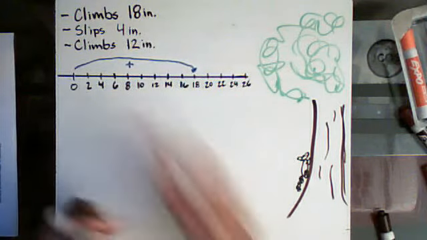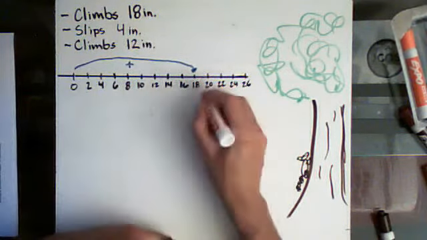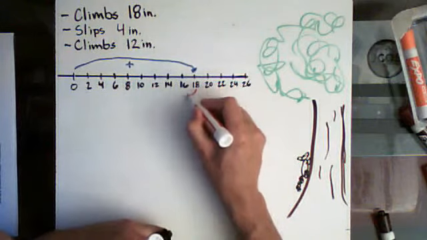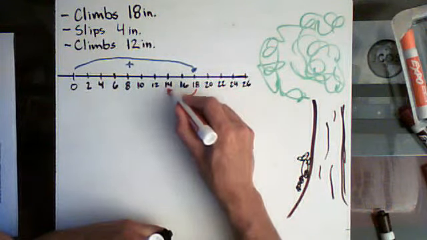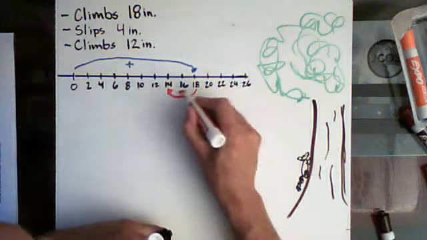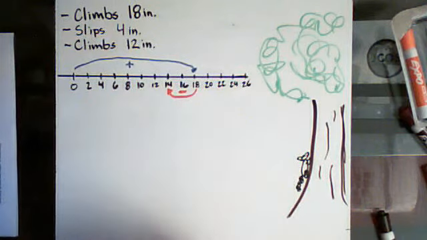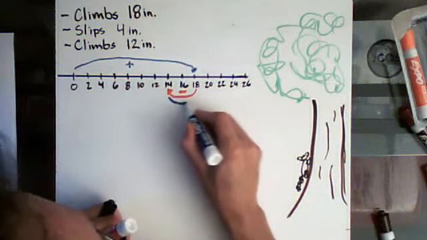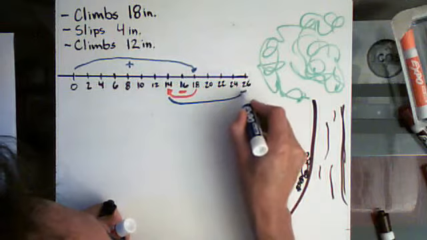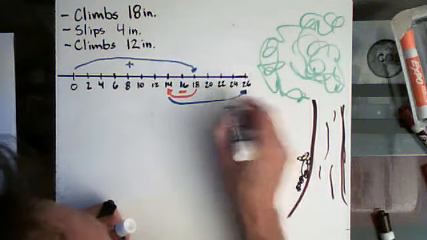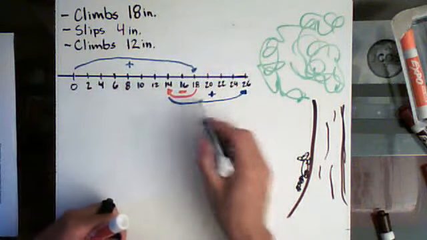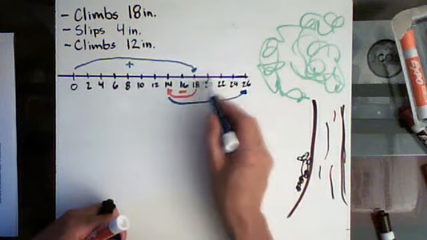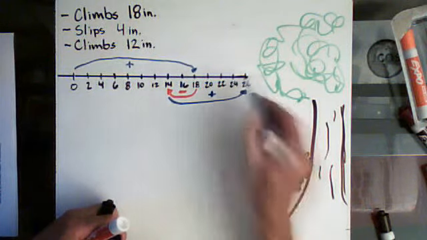Then he slips back 4 inches in the negative direction, but then he goes back up again, starting at that 14 and up 12 inches in the positive direction. 2, 4, 6, 8, 10, 12 inches.